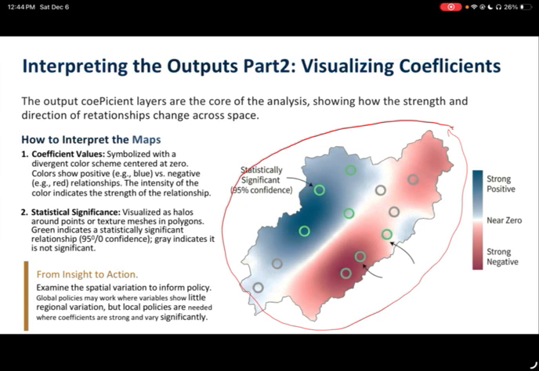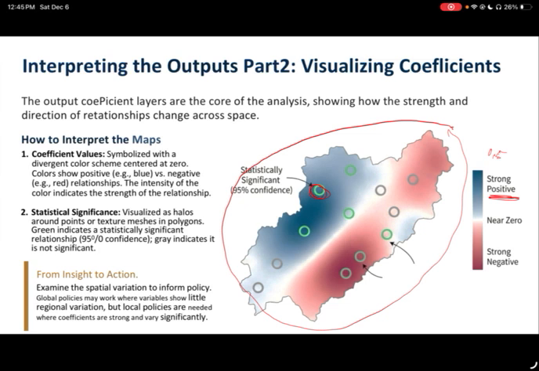So the map here represents how strong the relationship is and its direction between the dependent variable and independent variable in that area. For example, this area has a blue color. In the blue color, they show a value of 0.5, for example, or 0.6, something like that.